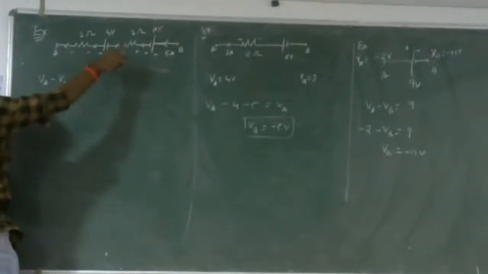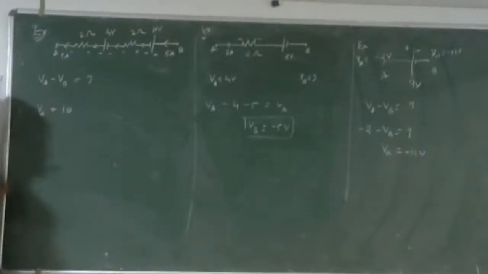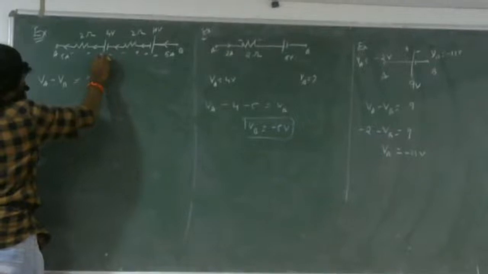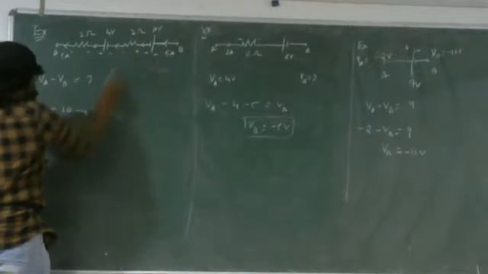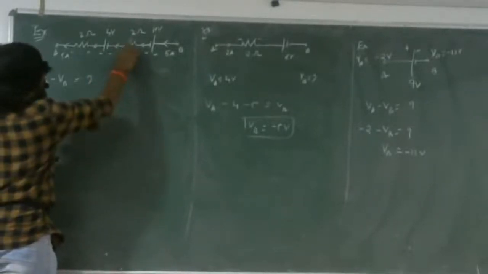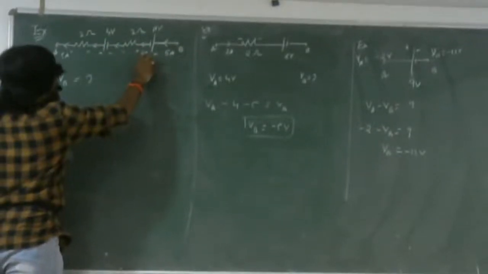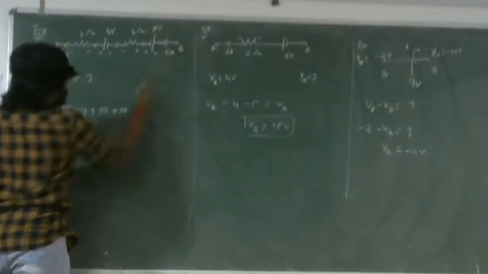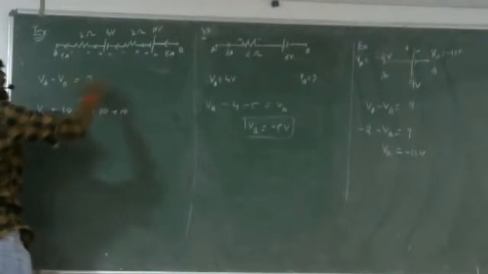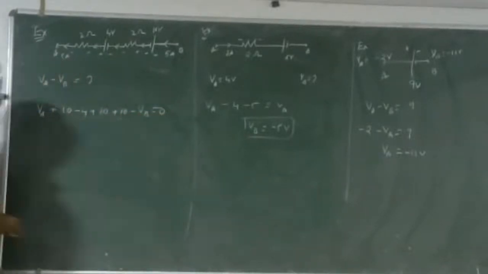So plus IR, I is how much? 5 ampere. So 5 into 2, 10, plus 10. And then here we are going from plus to minus, minus 4 volts. Then plus 2 ohm into 5, how much? 10. Again here plus 10. Going from A to B, you can take this as minus VB is equal to 0.